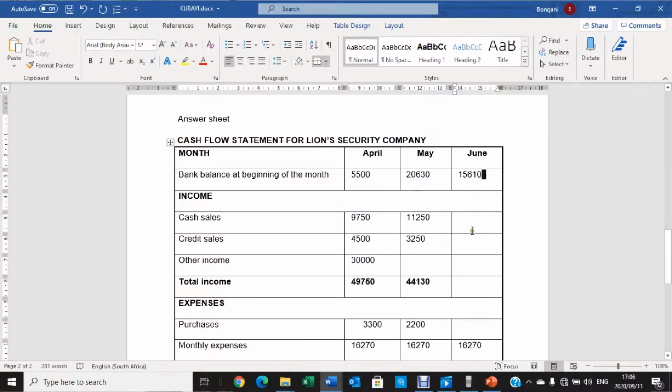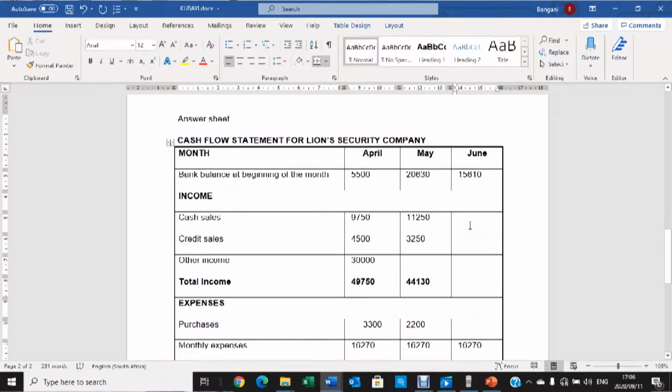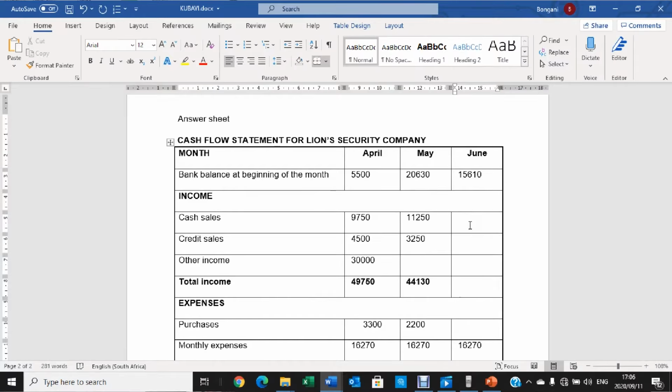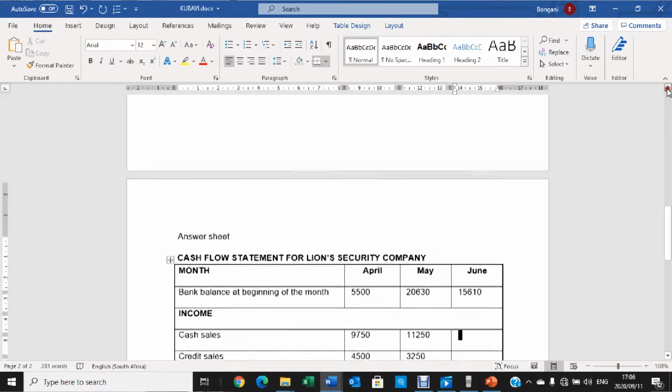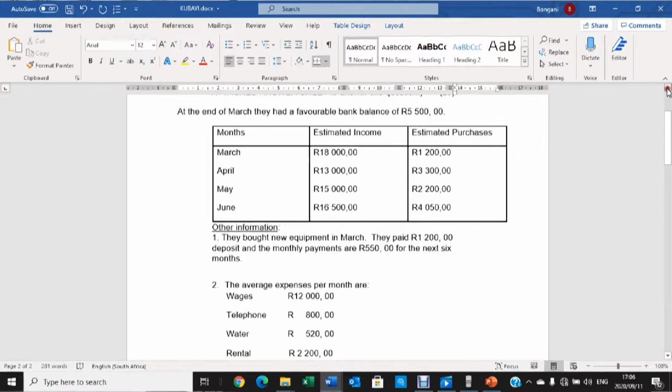And then the second part, which is the income part, our cash sales again. Remember, 25% is on credit and 75% is going to be cash. And we go back to our estimated income for the month of June. We are having 16,500.